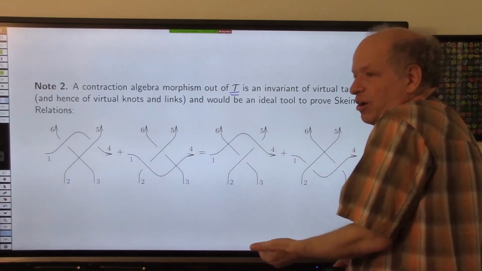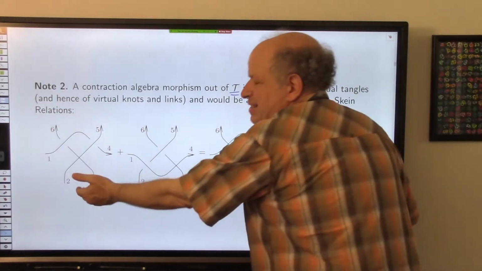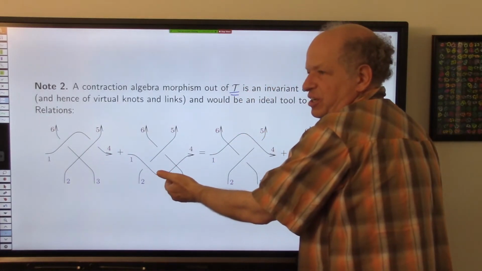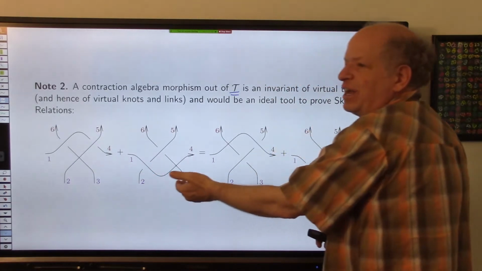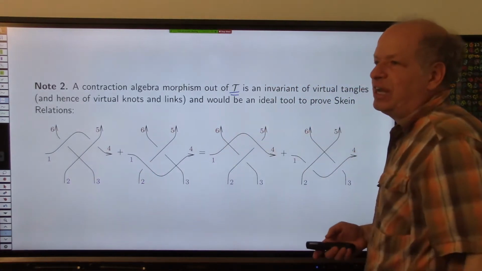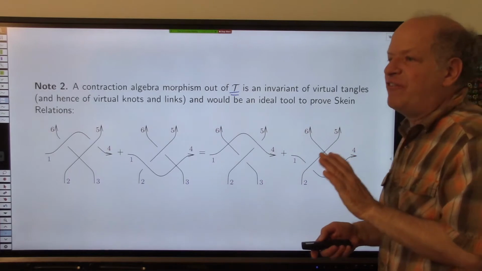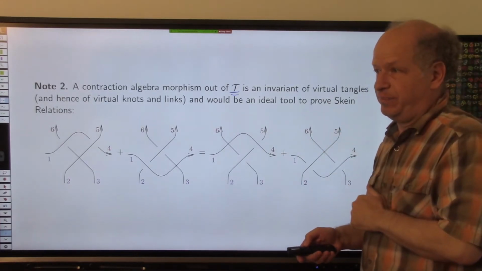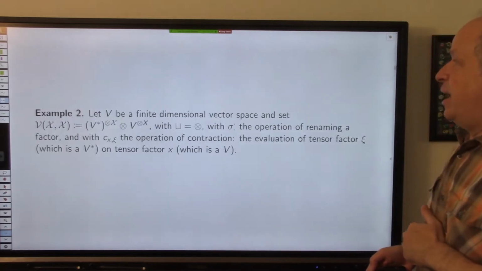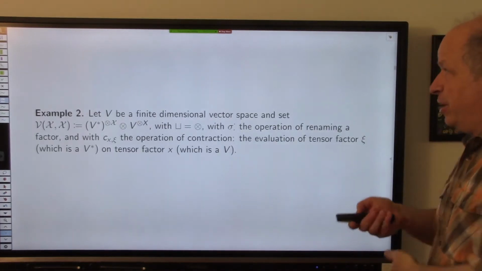And if it holds for every possible completion of this, because it will hold if you compose it with anything else, you've proven a skein relation. So basically, having morphisms of contraction algebras is a good thing. Now I need to give you more examples.